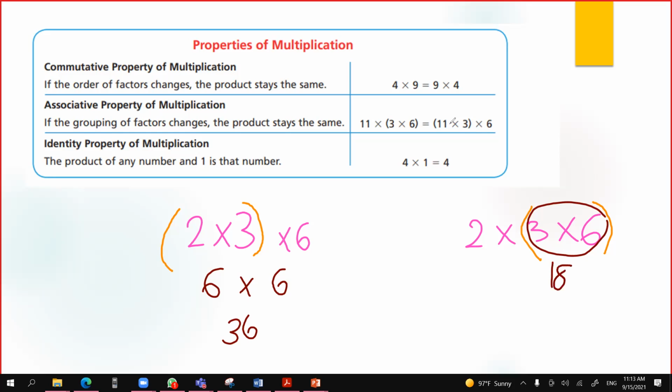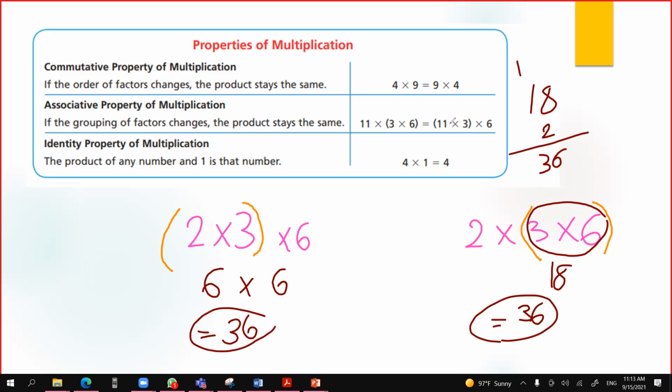Now when I multiply 18 times 2, 2 times 8 is 16. 2 times 1 is 2, plus 1 is 3. So the answer will be 36. So here, when I change the grouping of the factors, the product still the same. Is it clear?